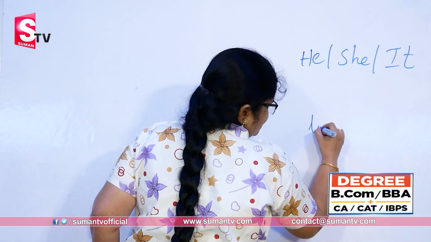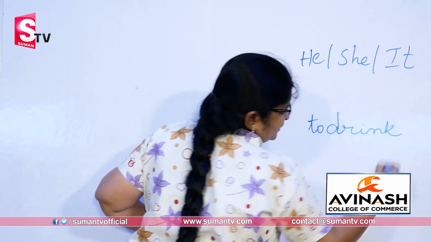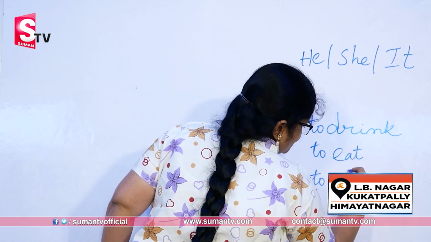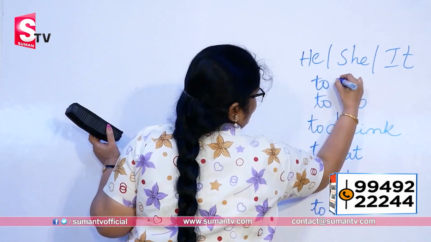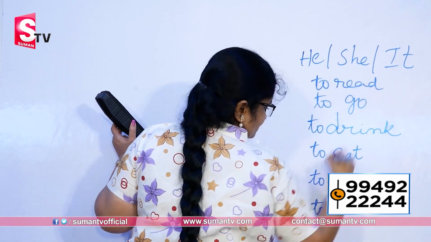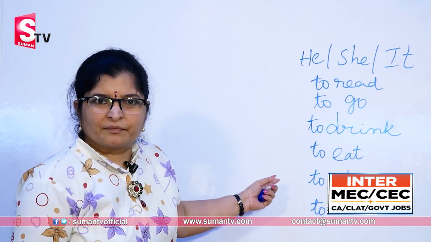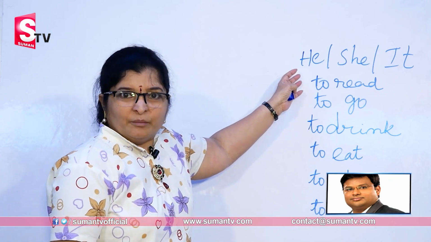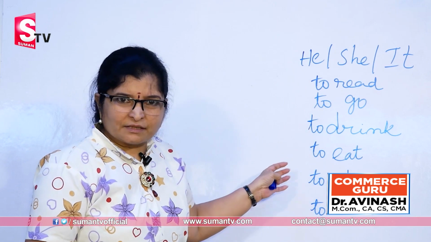Do you remember viewers? To drink, to eat, to drive, to wave, to read. Very good. We learned these verbs, I guess in first or second class, you will remember better. So we learnt all these already, isn't it?